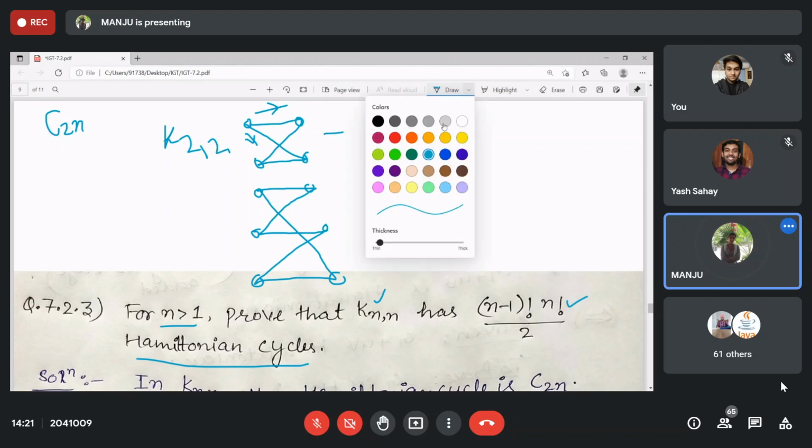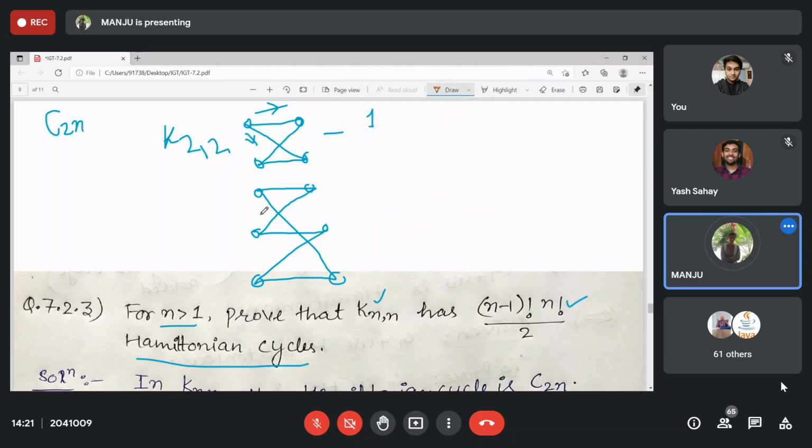Another cycle: you can visit this first, then this vertex, this vertex, this vertex, then to this one, then come back to this one. This is again a C6, right?